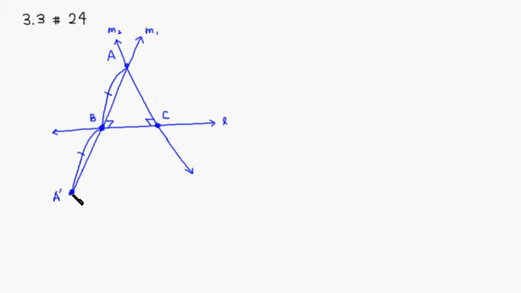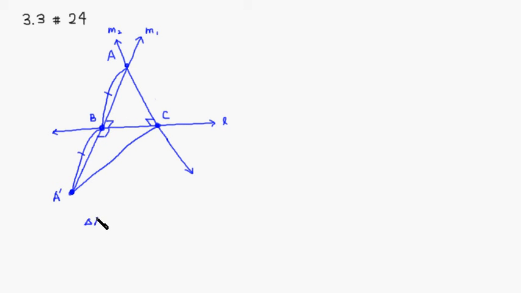Then connect A prime and C to complete a triangle. All right. So we know that angle ABC and angle A prime BC are a linear pair. So therefore, this is going to be 90 degrees as well. All right. Then we can establish the congruent triangles.